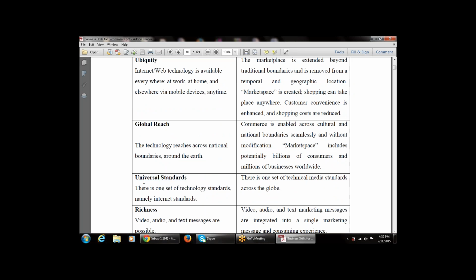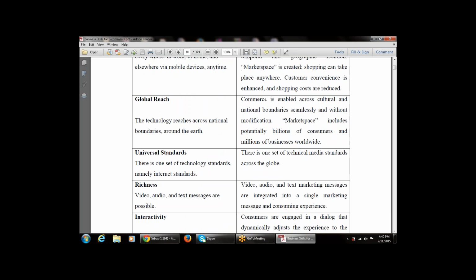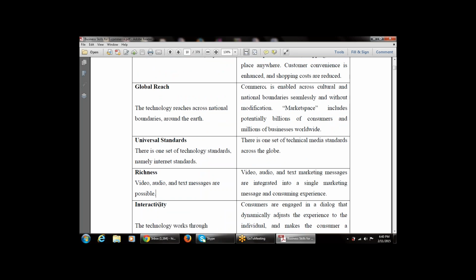Then the next feature available is universal standards. That is, there are multiple standards that depend on the internet. So there is one set of technology standards, namely internet standards. Then richness, that e-commerce also provides various audio, video and text messages. That is, with the help of e-commerce we can use audio, video, text messages.